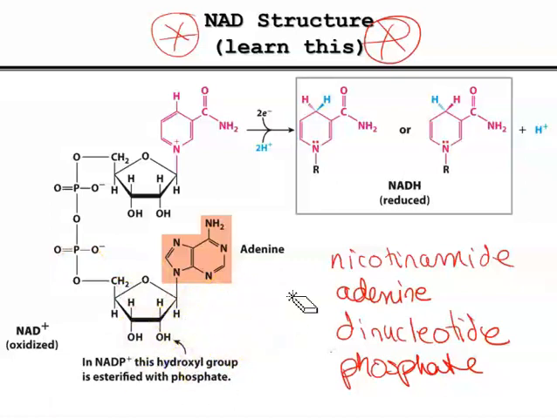It doesn't matter whether it's NAD or NADP, as far as the redox chemistry, because the redox chemistry happens here, at this carbon. This carbon can pick up a hydrogen and it can lose a hydrogen, along with the addition of the hydrogen.